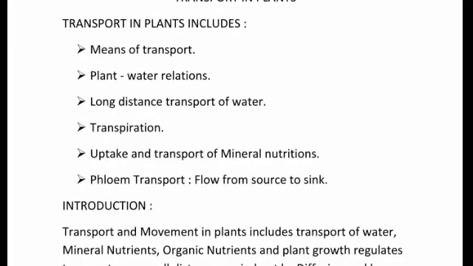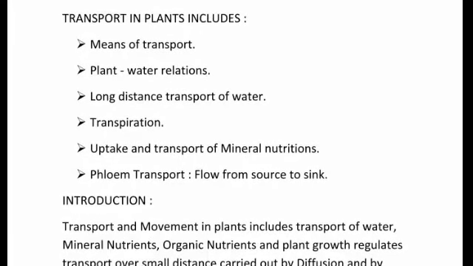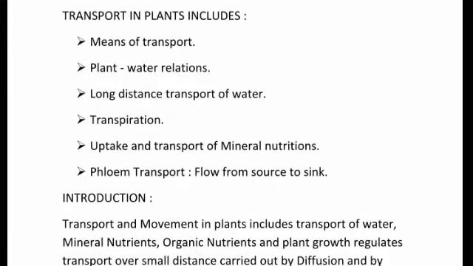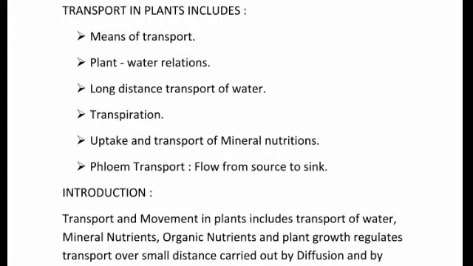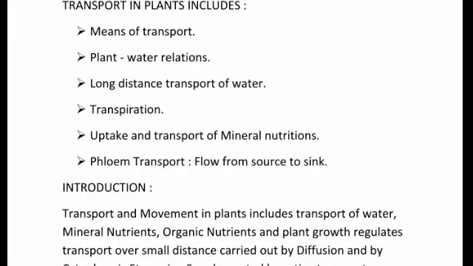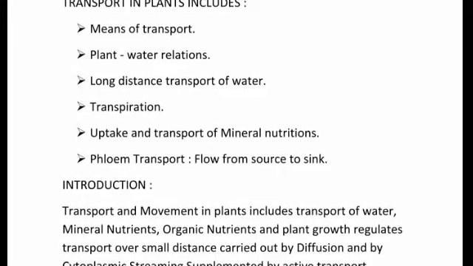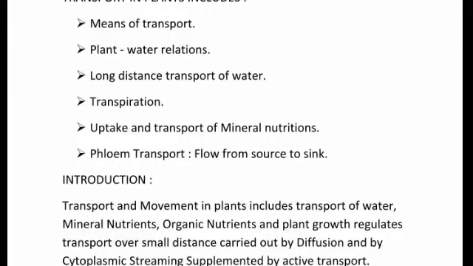So transpiration means a loss of water in the form of water vapor from the plant is called transpiration. And also we have to know how mineral nutrients are taken up by plants and how food is transported within the plant.